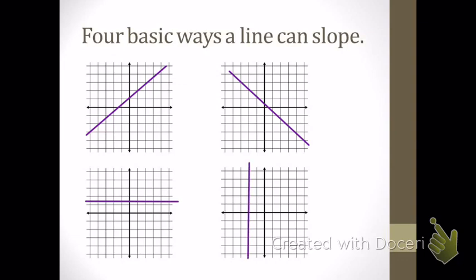We're going to see in the next few minutes how certain characteristics of the slope can be easily identified this way. Let's look at our next slide to see what is going on.